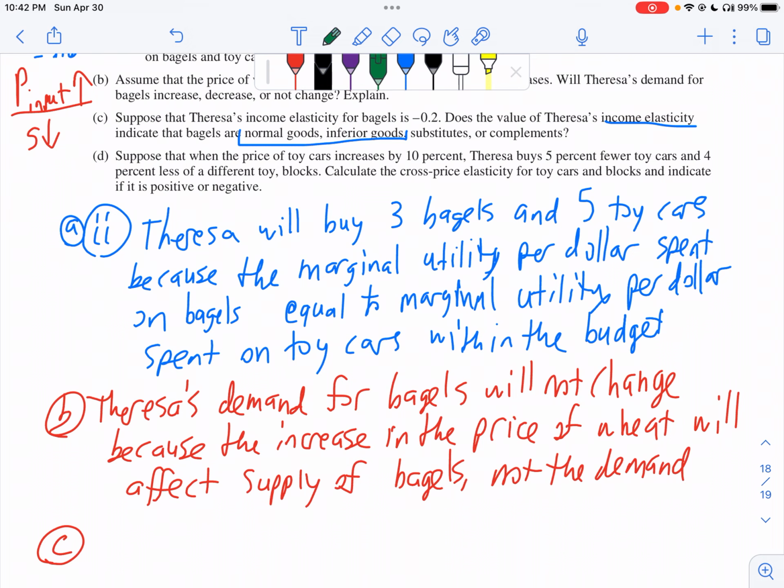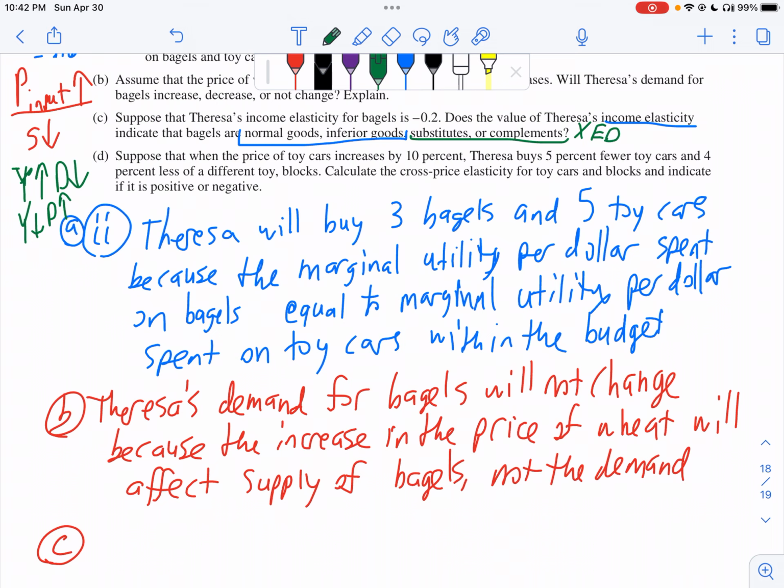Cross price is going to be complements and substitutes. But because we're dealing with income, you're only dealing with normal or inferior goods. So remember, if your income elasticity is negative, this means that either your income is going up and your demand goes down, or your income goes down and your demand goes up. When they're moving in opposite directions, this is negative.